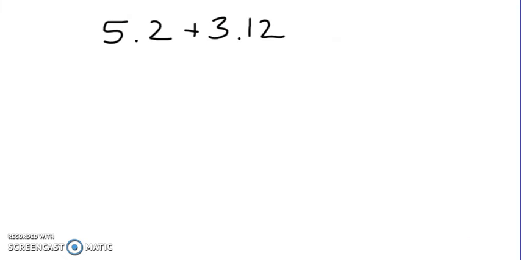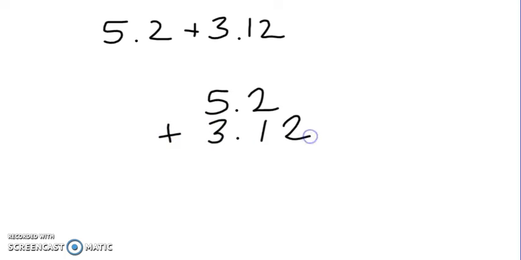You'll also need to remember the strategies that we have learned for adding decimals. So if I want to add 5 2/10 plus 3 12/100, I'm going to line them up vertically and make sure that I'm lining up my decimal point. So I have 5 2/10 plus 3 12/100. Now I'm going to put this 0 because it's easier when I'm adding if everything looks like it goes out to the same place.